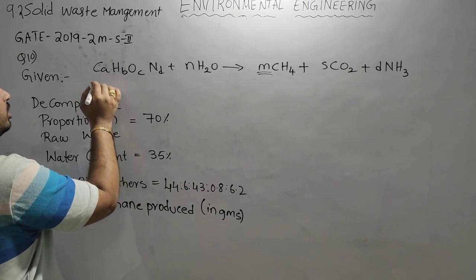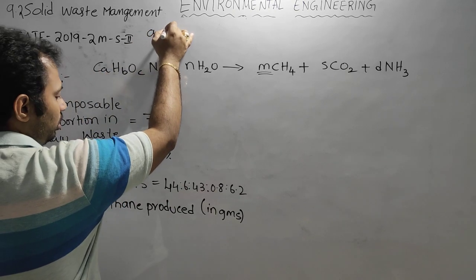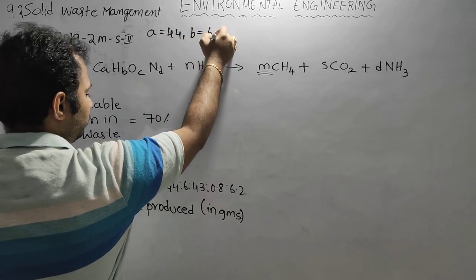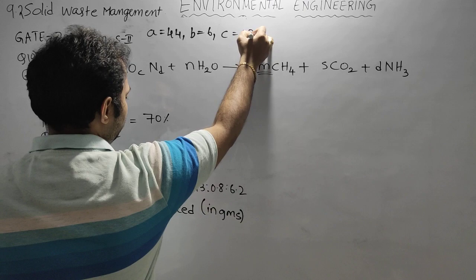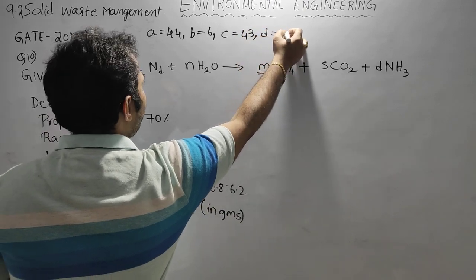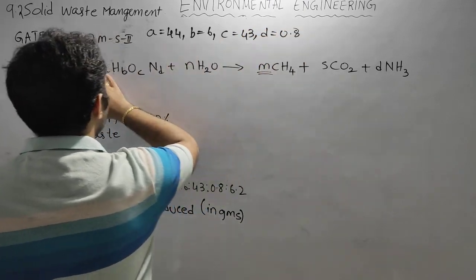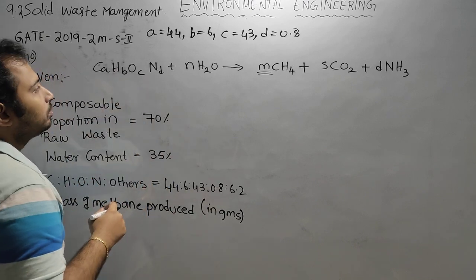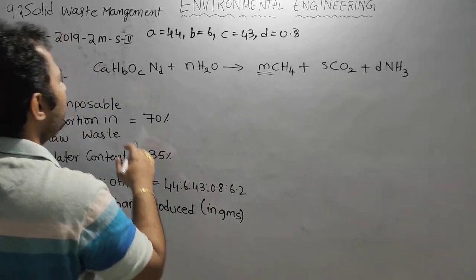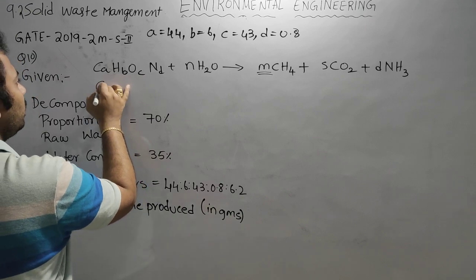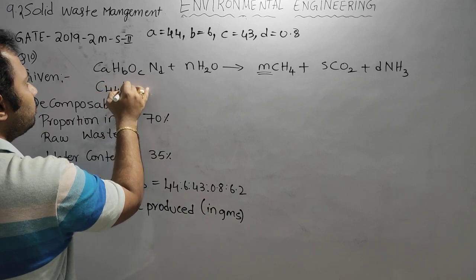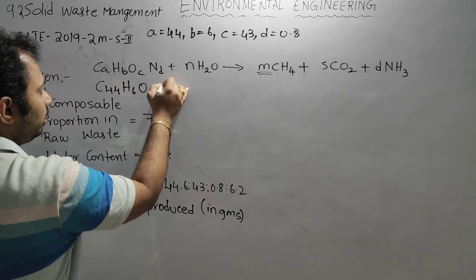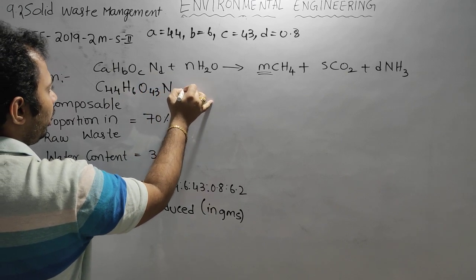Let us assume this a is 44 and d is 0.8 for 1 mole of solid waste. Now a is 44, so I can write this as C44 H6 O43 N0.8.